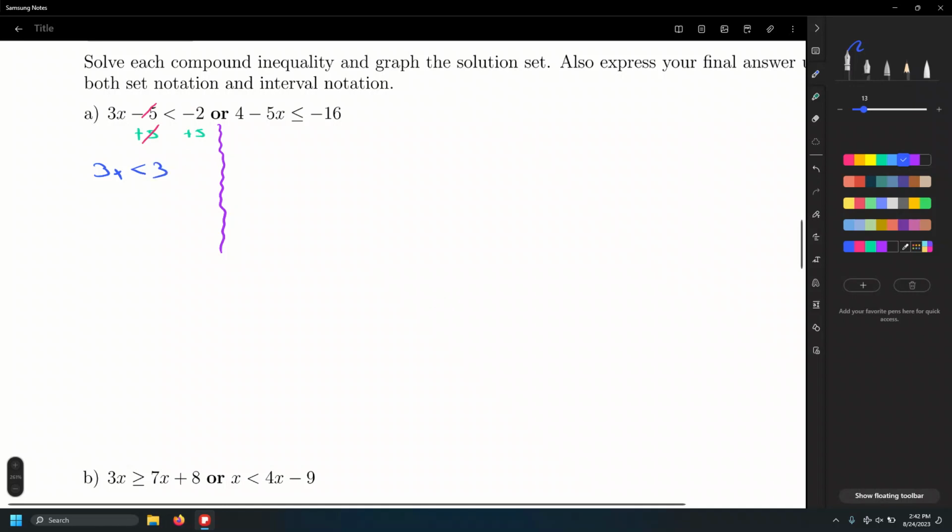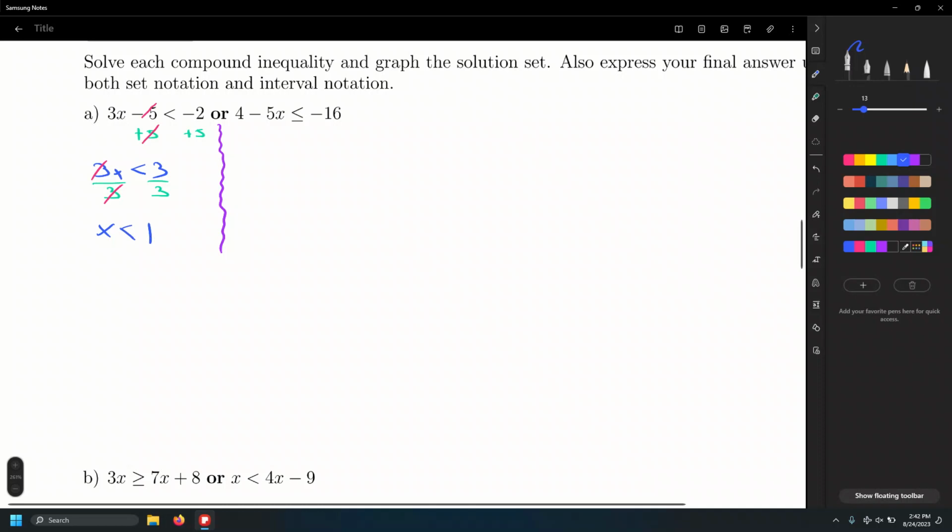Then to get the x by itself, we divide both sides by 3. Divide out the 3's, and that's x less than 3 over 3, that's 1. x less than 1. So that's the result.